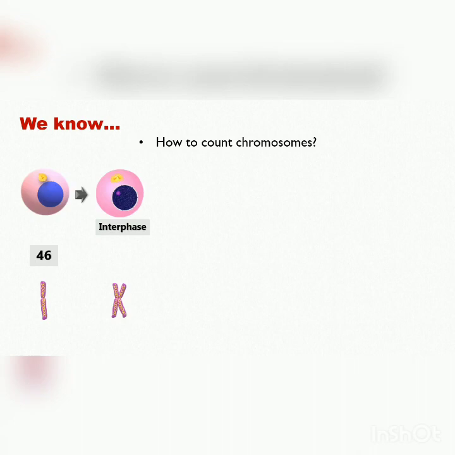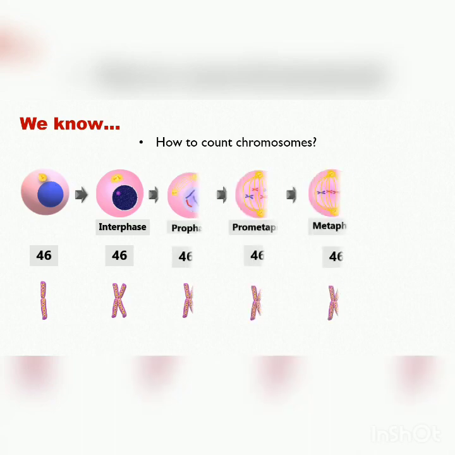If this cell is destined to divide by mitosis, then what will happen? It will first undergo chromosome duplication. Now remember, duplicated chromosomes are bound tightly to each other at the centromeric region. So still the chromosome number will remain 46.